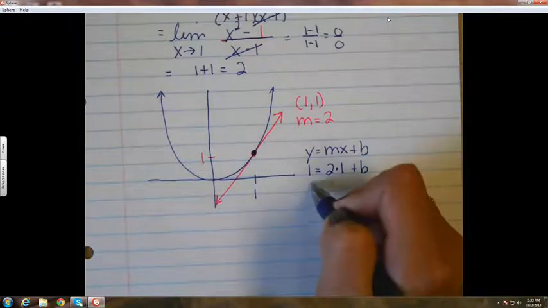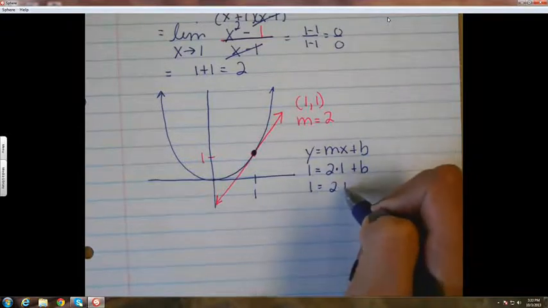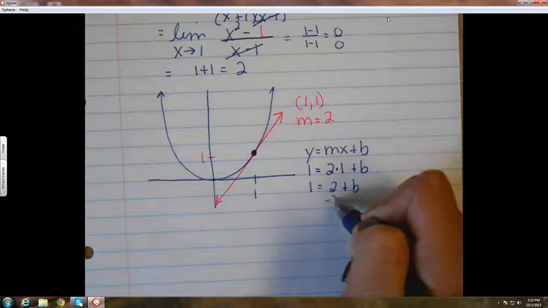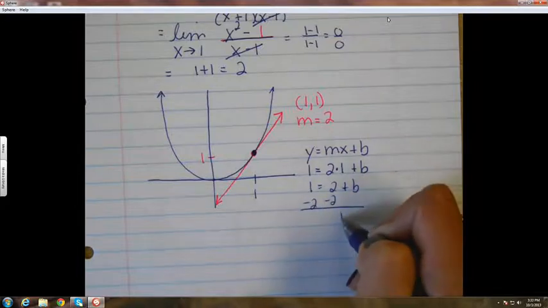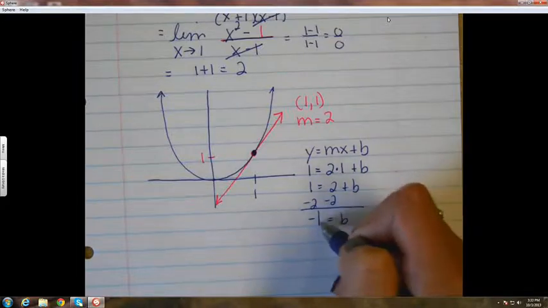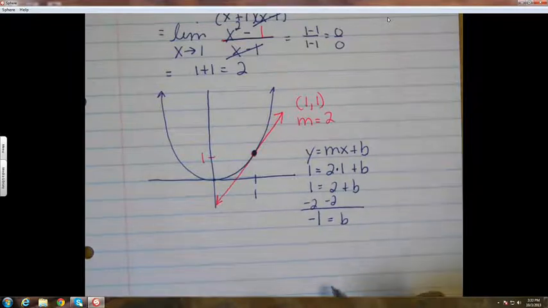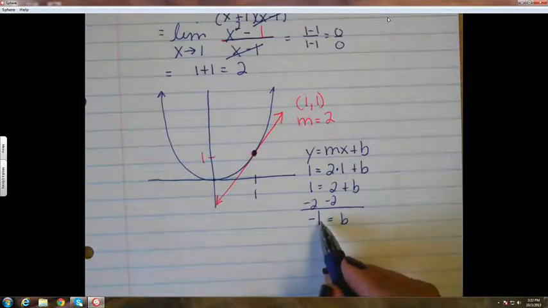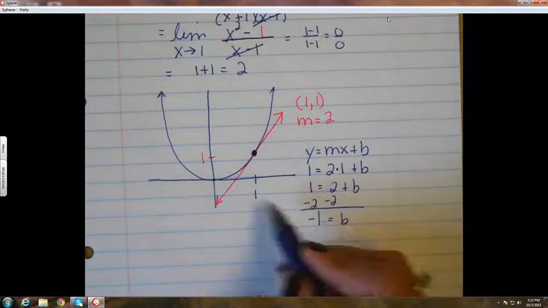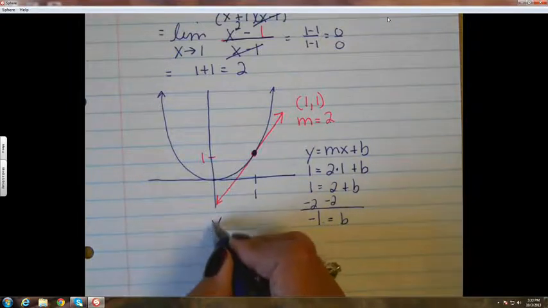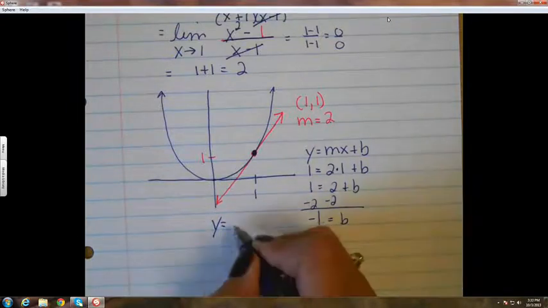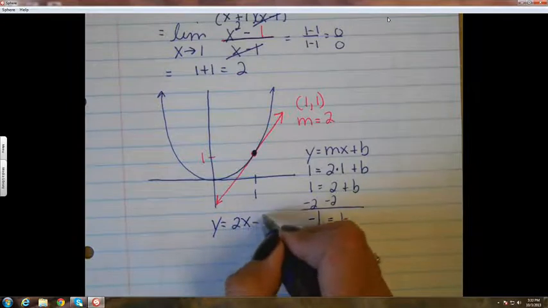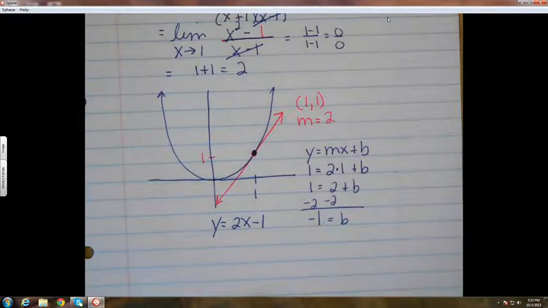Little algebra. Subtract the 2. B is a negative 1. Now I've got the two things necessary to write the equation of a line. The slope, the y-intercept. So the equation of that tangent line, y equals 2x minus 1. Okay.